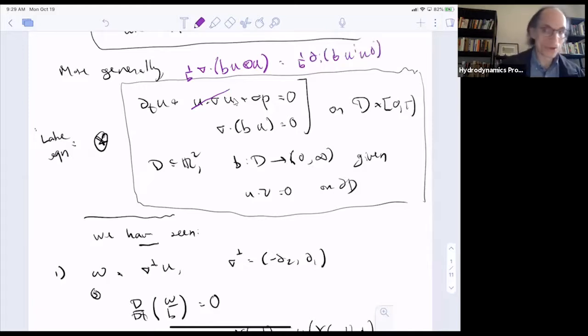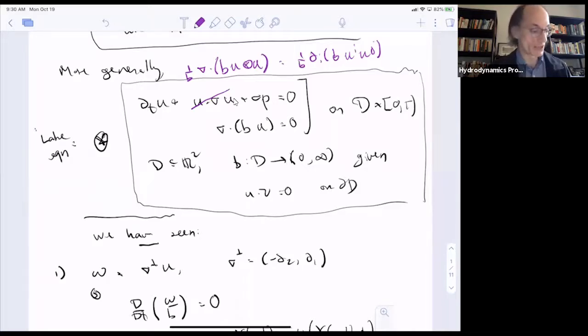Okay, because if I carry out the differentiation, I'll get a term involving the divergence of bu times u, which vanishes, and I'll get a term involving u dot grad u times b divided by b. Okay, and so I can rewrite the equation in divergence form, and then I can take the orthogonal gradient.